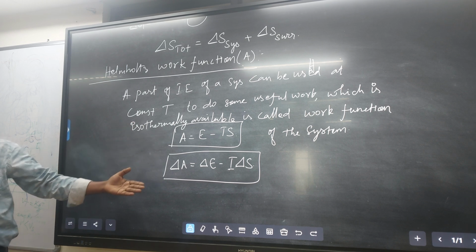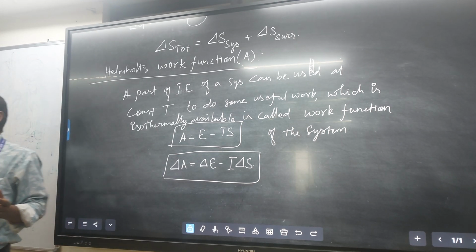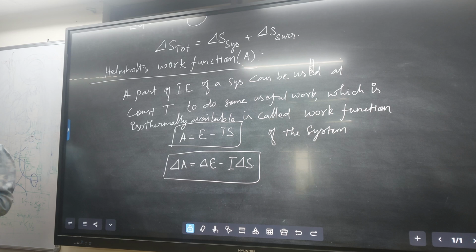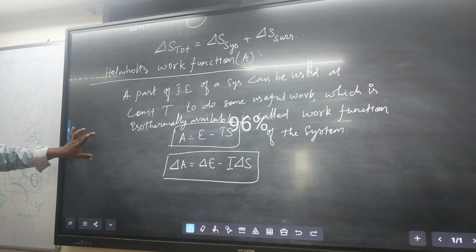That's why we have A equal to E minus TS. Since we do the process at constant temperature, delta A equals delta E minus T delta S.